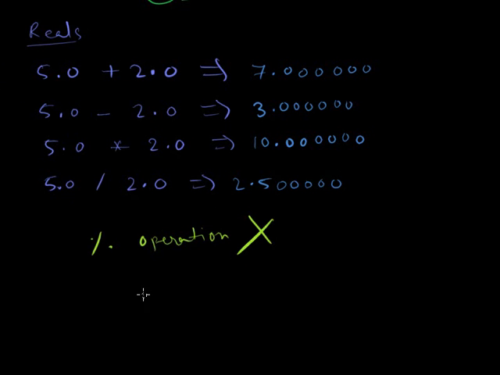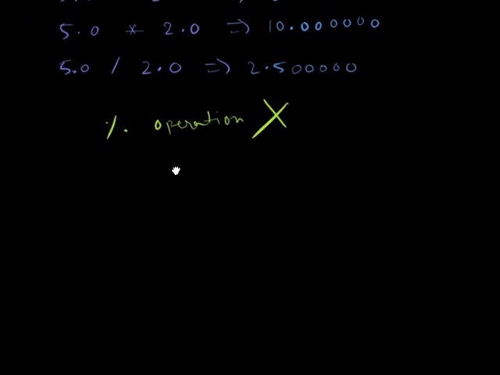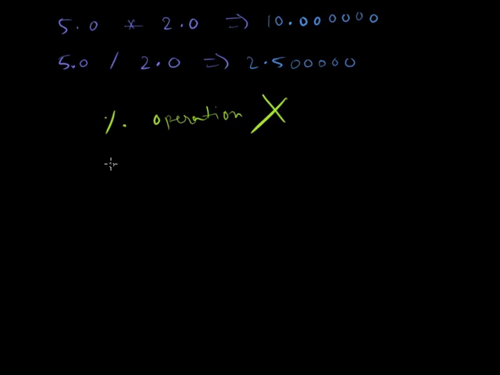I want you to remember a few things now. Let me write a table, because there is a lot of confusion. What operation will yield what result? We know the result in natural mathematics, but in computer science, or in the C language to be particular, there is a little bit of difference.